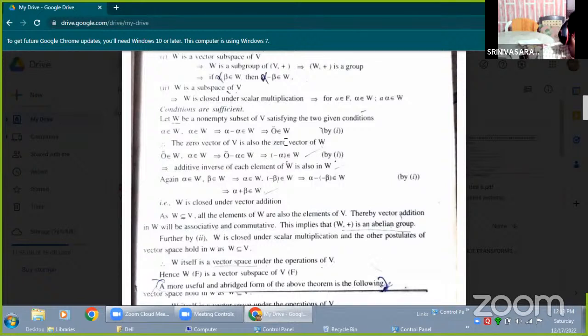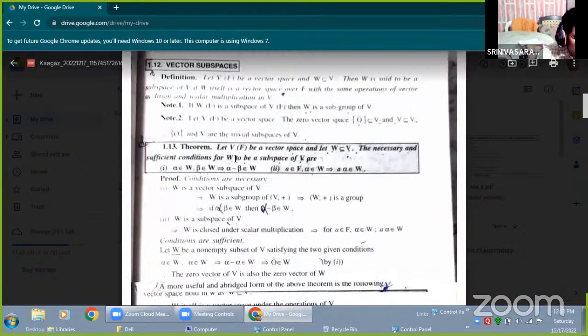Therefore, the non-empty subset also contains the same zero vector. How do we get the zero vector? We take the second element also equal to alpha, that is, alpha minus alpha.